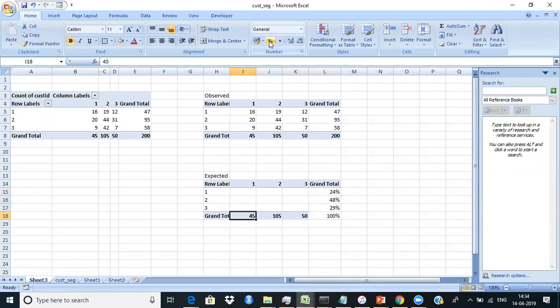Similarly, I will also calculate probability of getting segment 1. These are the probabilities. So you get the marginal probabilities. Now, if these two variables were independently distributed, what is the probability of getting a person from region 1, segment 1?